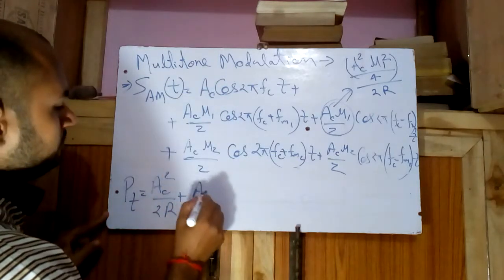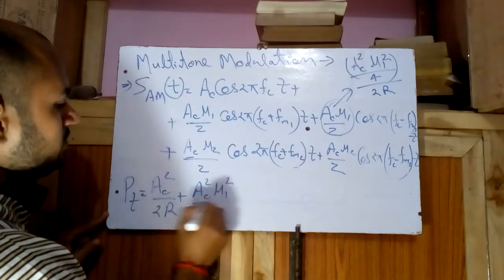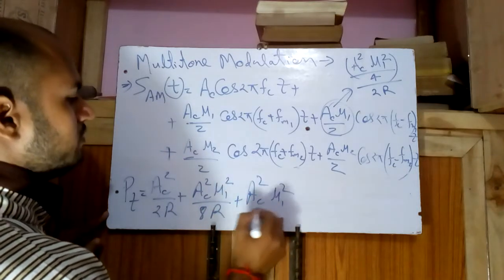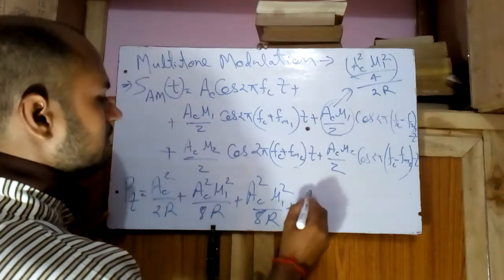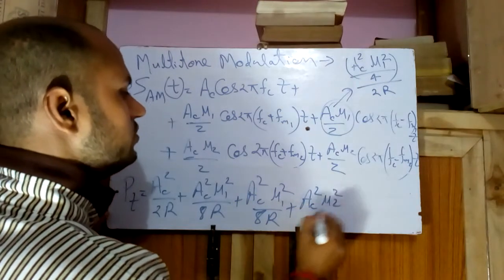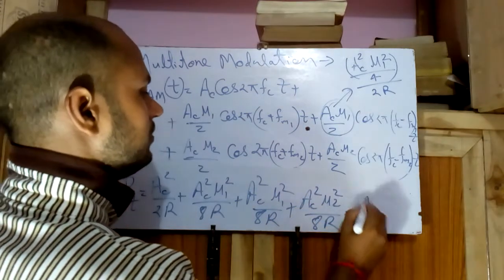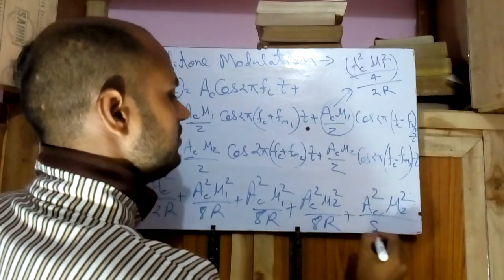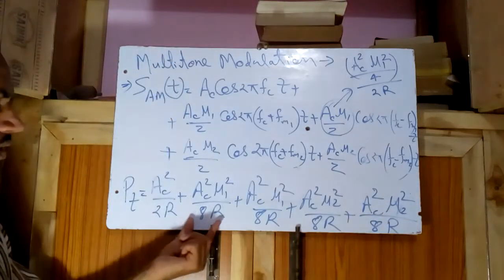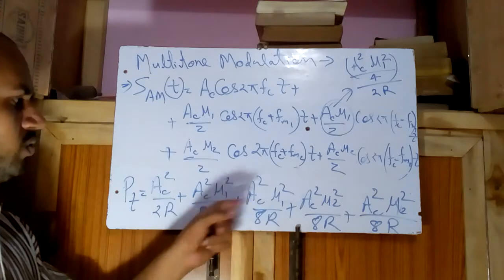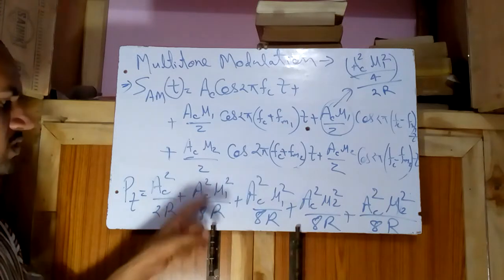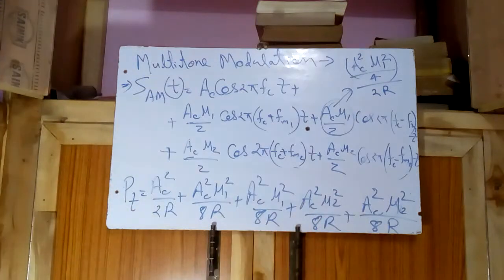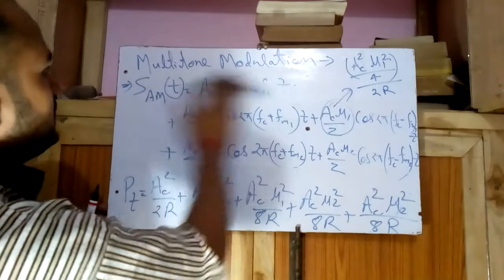This is Ac square mu1 square by 8R plus Ac square mu1 square by 8R plus Ac square mu2 square by 8R plus Ac square mu2 square by 8R. So both the terms will be added and this will become 4R and this also will become 4R.